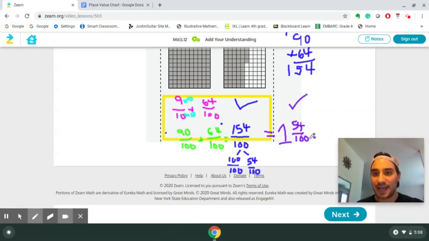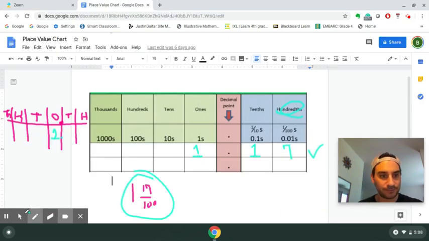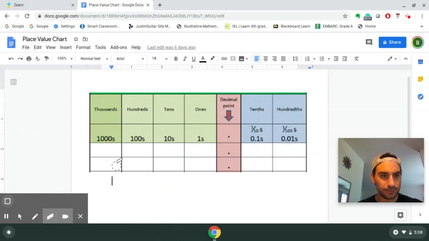If I want to write this answer as a decimal, I don't think that'll be very difficult, okay? We have our one whole, and then how many hundredths do we have? Let's go to our place value chart. One and 54 hundredths.